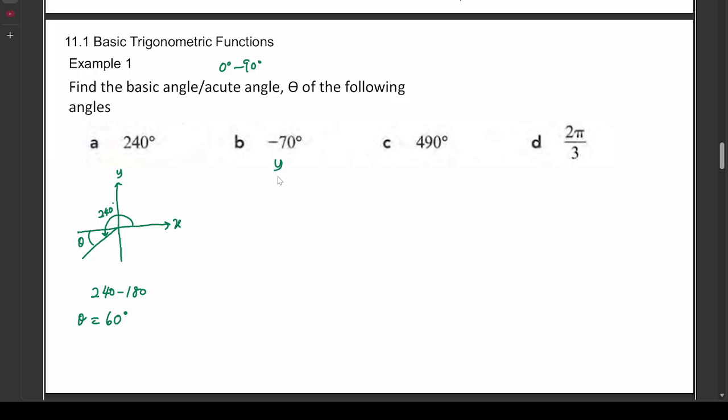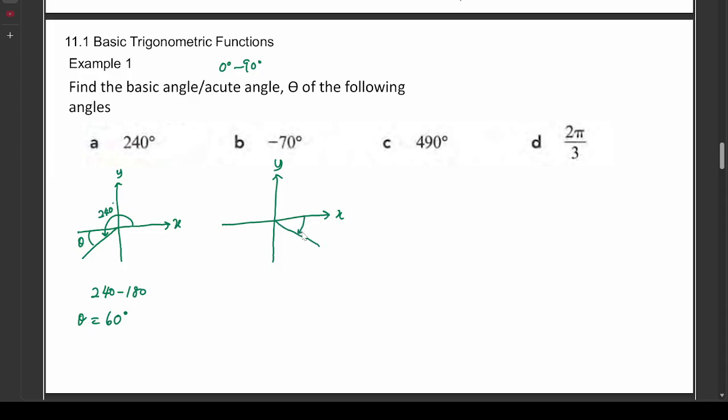Now for B, do the same. You have an axis. This time it's a negative angle, so you move clockwise from the positive x-axis. 70 degrees is less than 90, so it's roughly here.